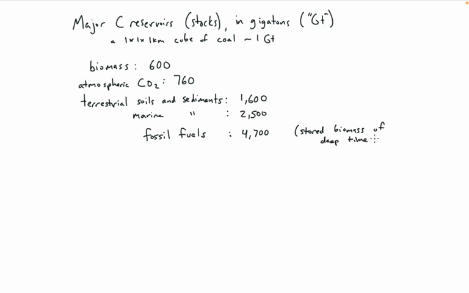So the geologic record of material that was alive, took carbon out of the atmosphere, and got buried and turned into rock, and eventually oil and gas. Okay, but it started as the same carbon dioxide in the atmosphere that plants photosynthesized, just like the biomass that is alive today.